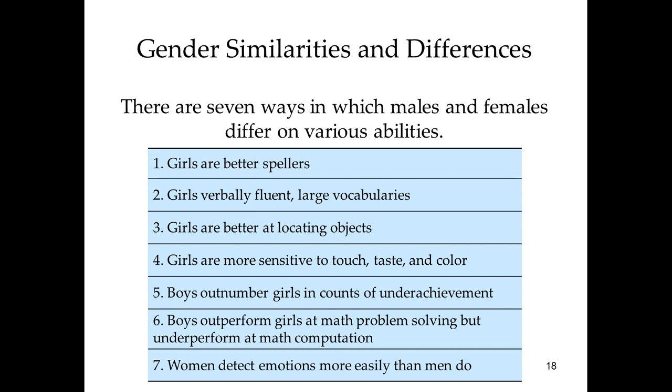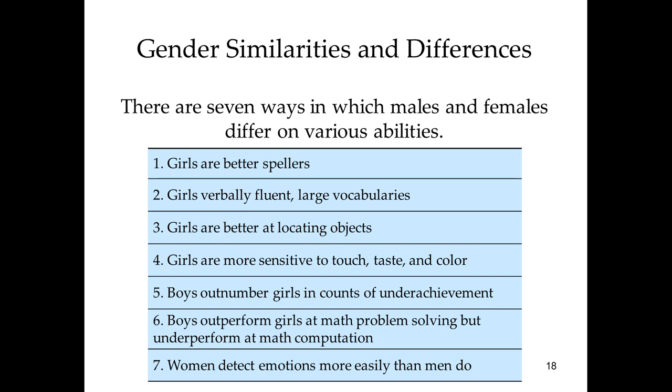They're also better at locating objects, which is one of my favorite pieces of evidence in support of evolutionary psychology. Because the idea here, part of the reasoning for why we believe that girls developed a better ability at locating objects, is because if you look back at our ancestral past, as a whole, men tended to be the hunters and women tended to be the gatherers.